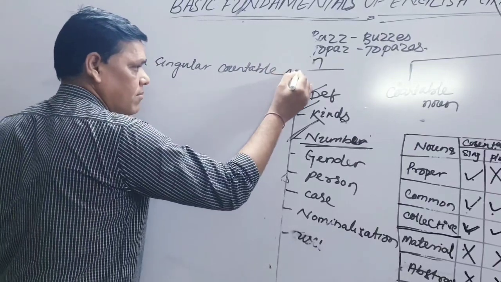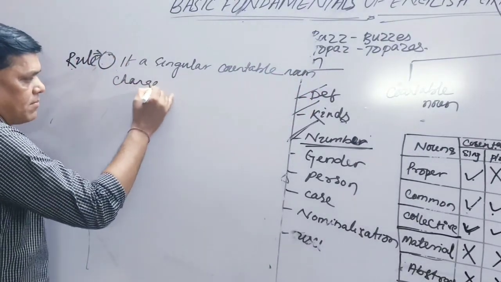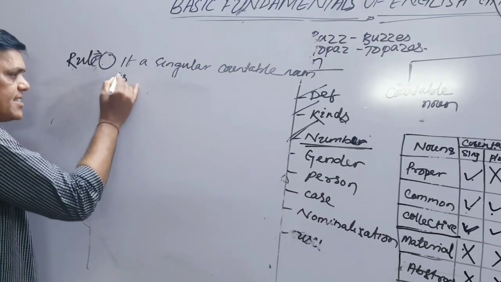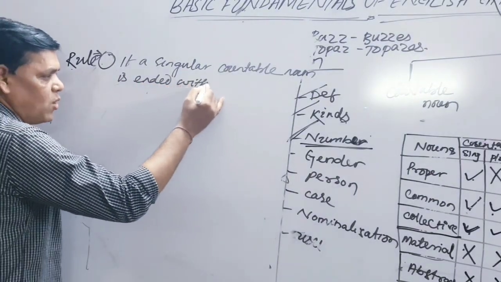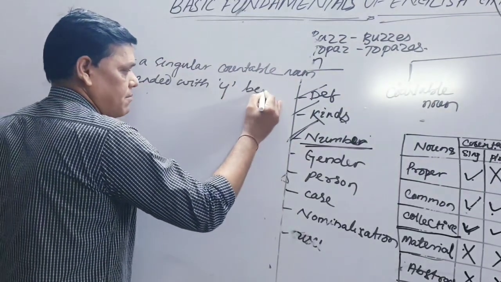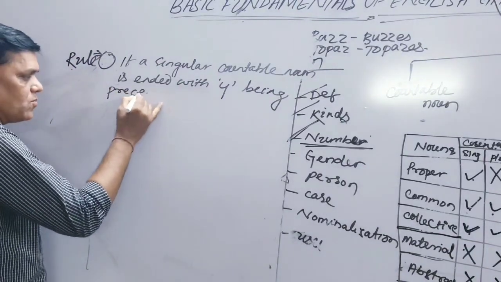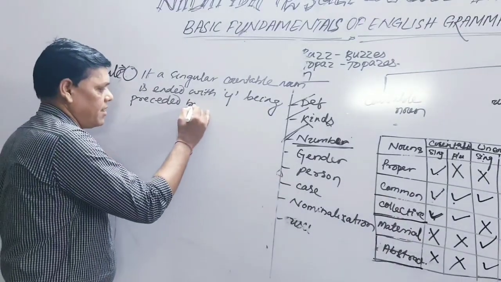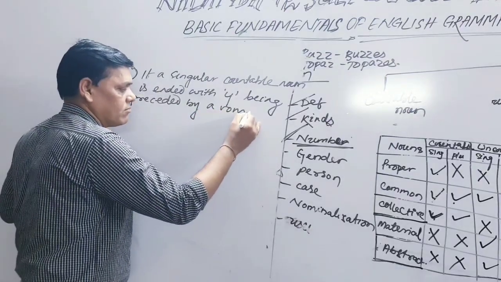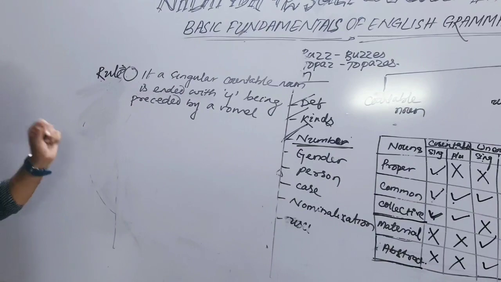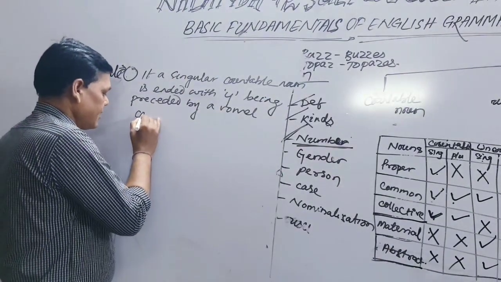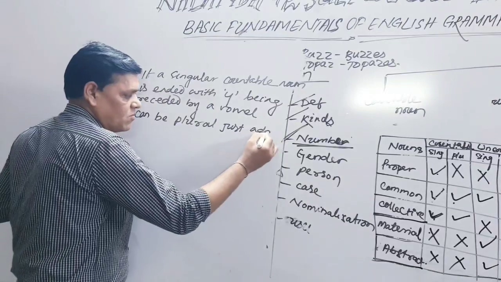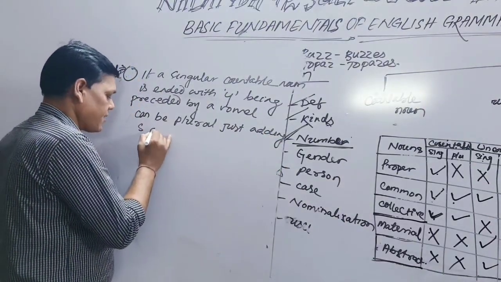If a singular countable noun is ended with y being preceded, students, preceded means before, being preceded by a vowel, vowel means a, e, i, o, u, it can be made plural just by adding s at the end of the word.